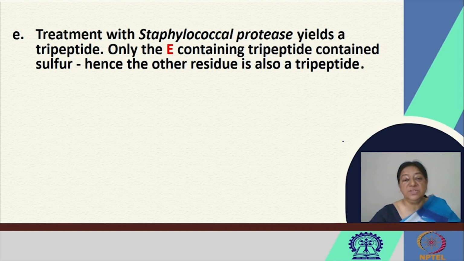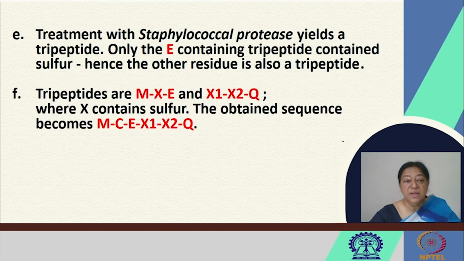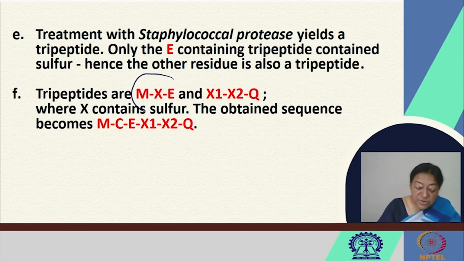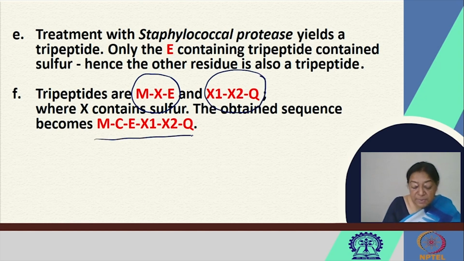The other residue is also a tripeptide. So we worked out the two different tripeptides, MXE and X1X2Q. This is our hexapeptide. And this was the one that contained the sulfur.